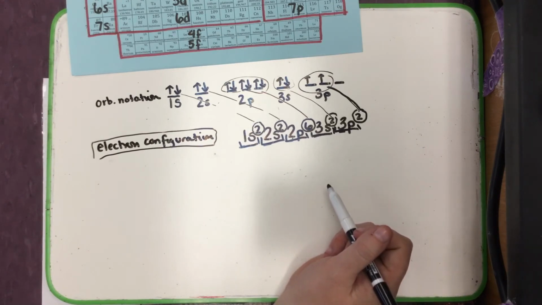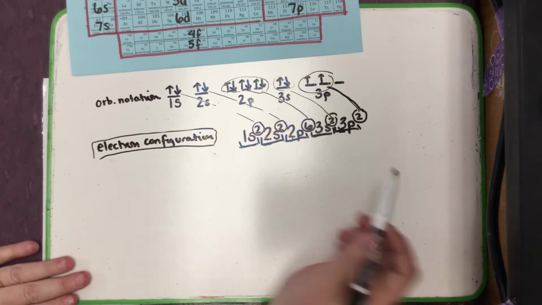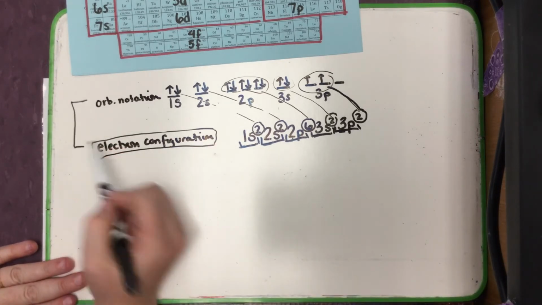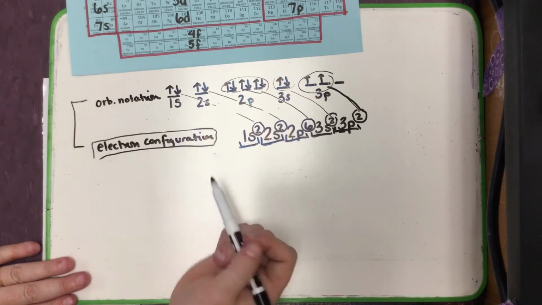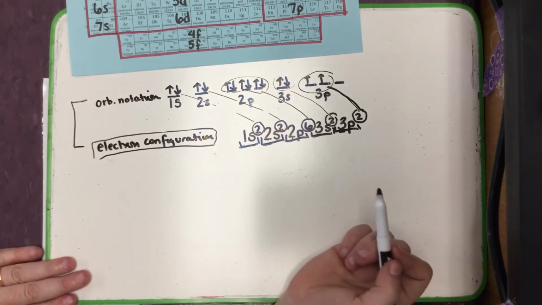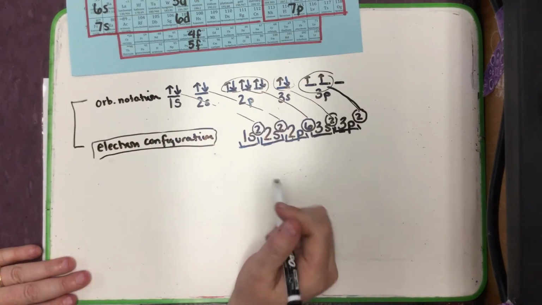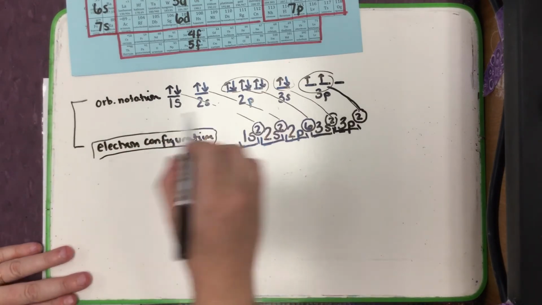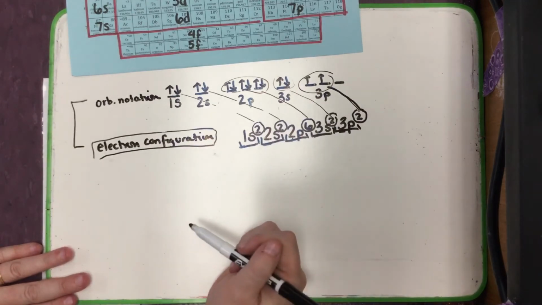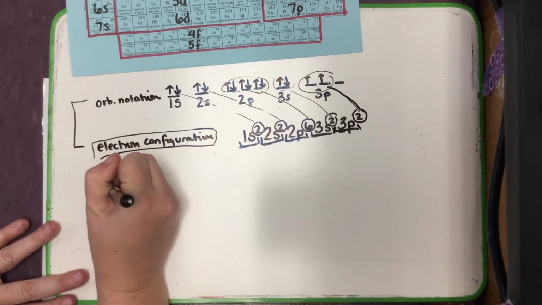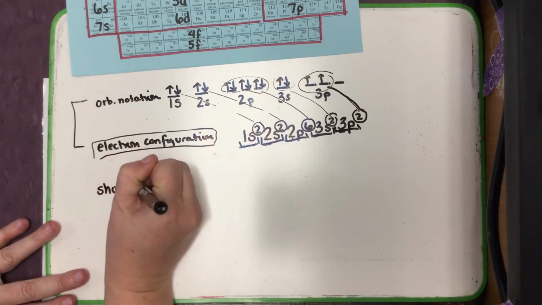The other shorthand that we can do is actually, for each of these, we can do what's called a shorthand orbital notation or a shorthand electron configuration. And by putting the word shorthand in front of these, it will actually reduce the amount of writing that you have to do. So the first thing I'm going to do is show you an example of what each of them look like.